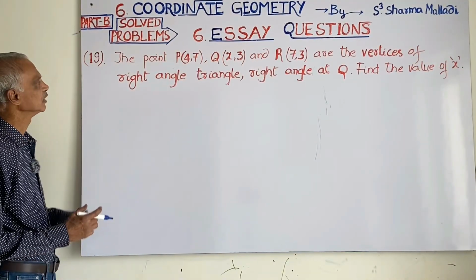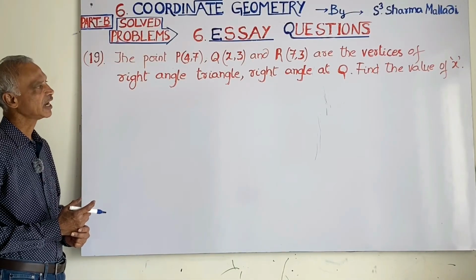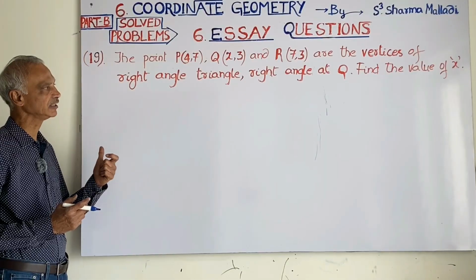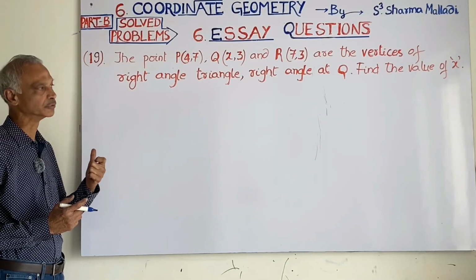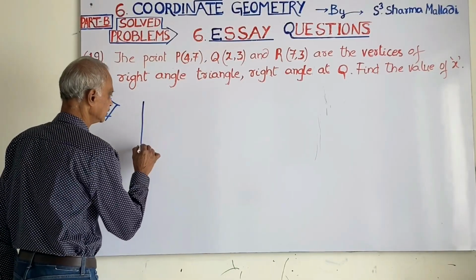Now 19th problem. The points P(4,7), Q(x,3) and R(7,3) are the vertices of a right angle triangle, right angle at Q. Find the value of x. First you draw a right angle triangle.